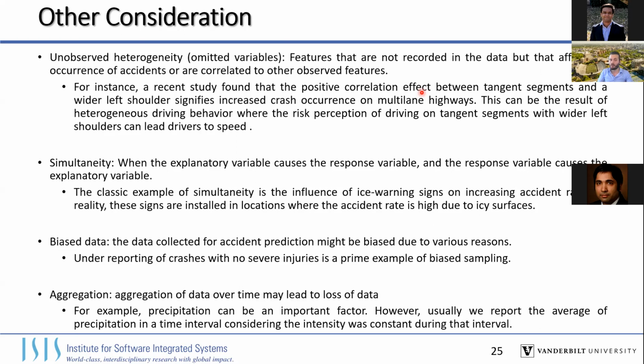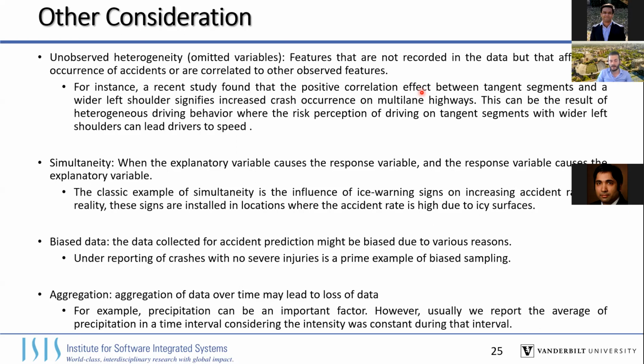The data can also be biased. A very good example is that small crashes or bumper to bumper crashes usually are not getting reported. So the data is a little bit biased towards heavier and more severe accidents.